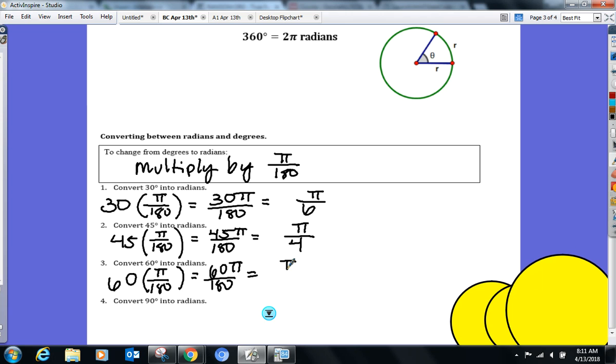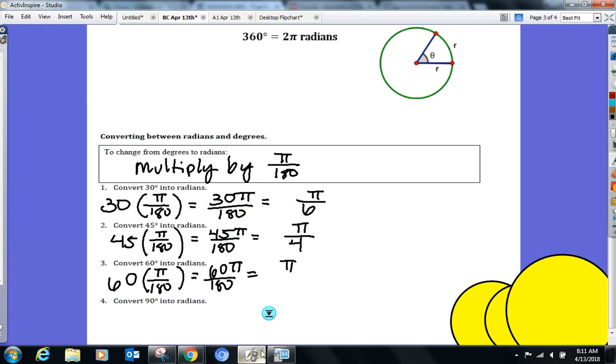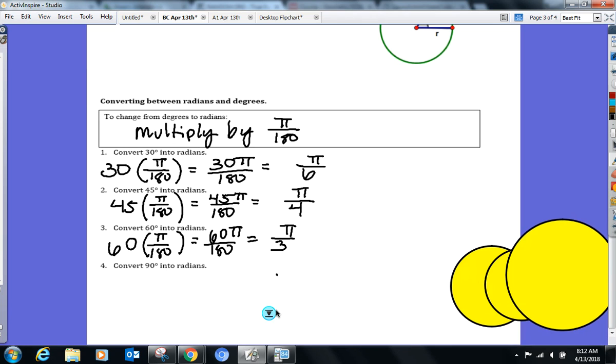I'm leaving that pi in the answer and reducing it down. What do you got for me? 3? Pi over 3. Nice. And if you want to see actually how many they are, go ahead, do pi over 3 in your calculator. That's how many radians are in 60 degrees. And then finally, 90.